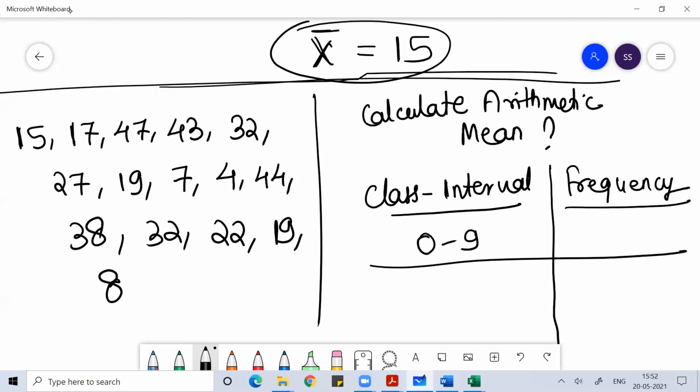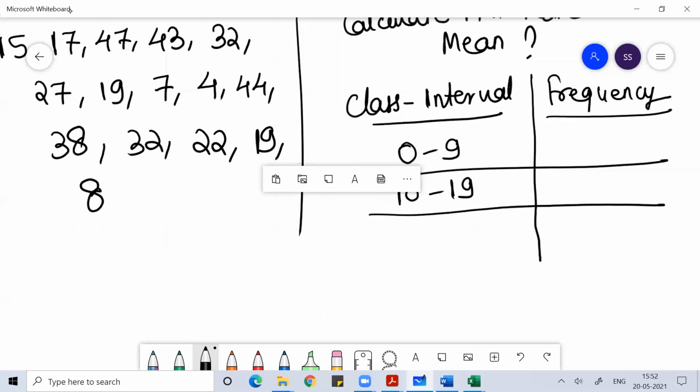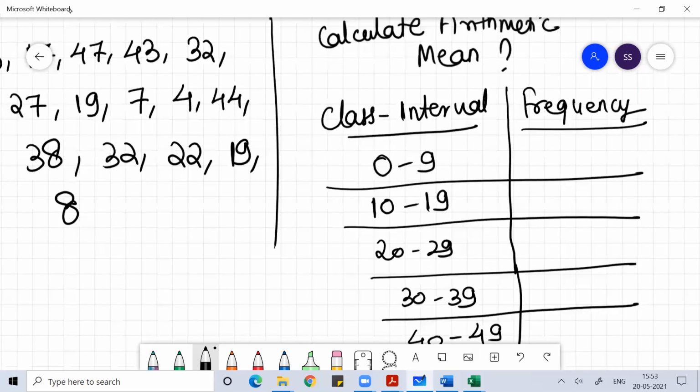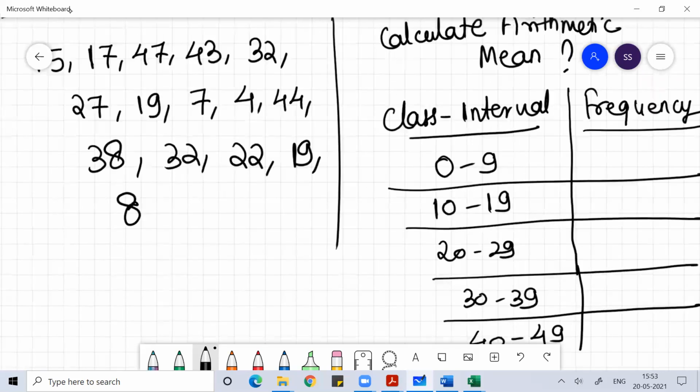So I organize the data in these groups: 0 to 9, then 10 to 19, then 20 to 29, then 30 to 39, then 40 to 49, like this. I have grouped the data. Then what is frequency? Frequency means the number of times that an observation came.